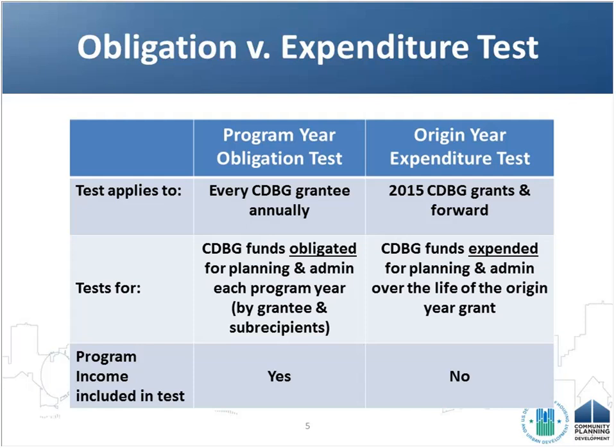The obligation test is 20% of the current year grant amount plus program income. That includes regular program income, revolving funds, and Section 108 program income. The cap for the obligation test only determines the maximum amount of CDBG funds that can be obligated for planning and admin.